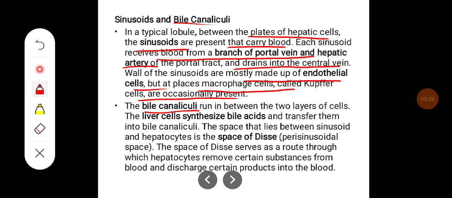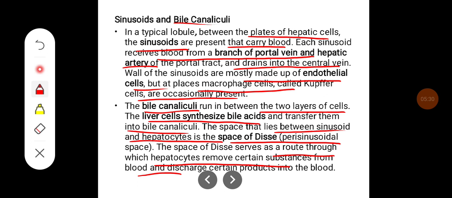Bile canaliculi run between two layers of the cells. The liver cells synthesize bile acids and transfer them into bile canaliculi. The space that lies between sinusoid and hepatocyte is called the space of Disse, that is perisinusoidal space. The space of Disse serves as a route through which hepatocytes remove certain substances from blood and discharge certain products into the blood.